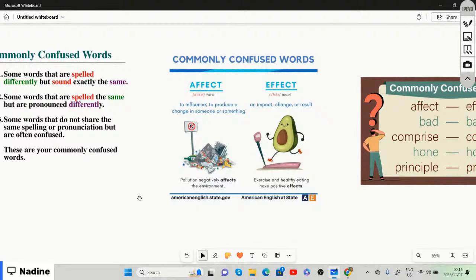If we look at an example of affect, we can say pollution negatively affects the environment. Which means that if we pollute, it will definitely affect the environment in a negative way. That is affect, like something bad will happen.